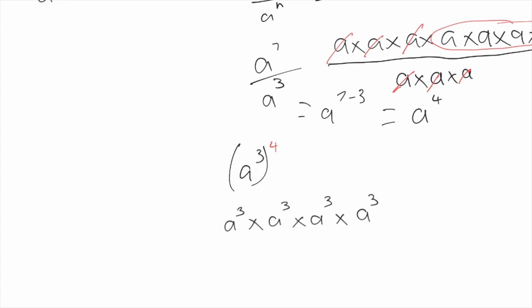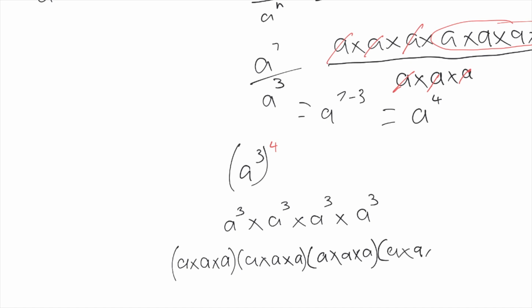But we can still expand that further. So we can expand this as a times a times a, then a times a times a, then this one here, a times a times a, and finally our last one, a times a times a.